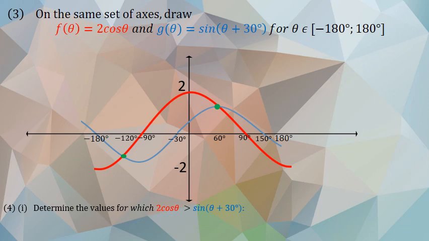If you go look at this question in the textbook, it will have more detail. But this requires us to determine the values of theta for which 2 cos theta, the red curve, is greater than, in other words, lies above the blue curve, the sine theta curve. We are looking for which segment of the x-axis will red be above blue?